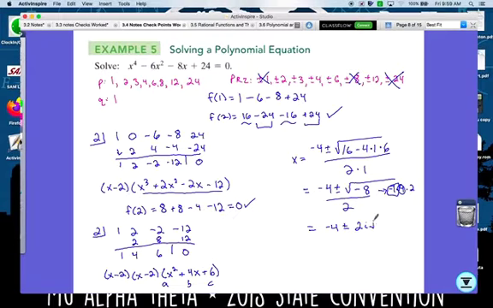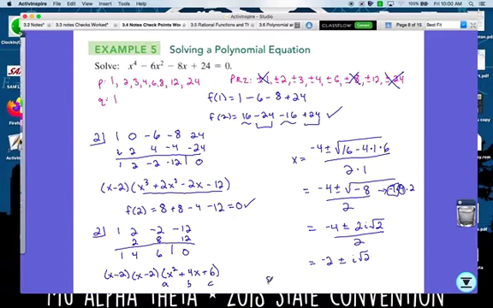And then you'll still have that other 2 left underneath the square root, all divided by 2. And then you look at the numbers outside of the radical. You don't mess with the radical. They're all divisible by 2. So it ends up giving you negative 4 divided by 2, which is negative 2, plus or minus 2 divided by 2, which is 1. So we can just say i square root of 2.